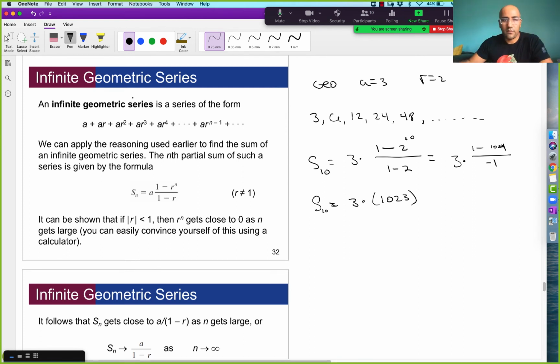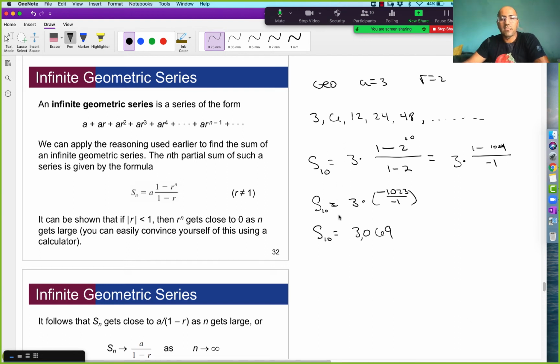Just to make sure, I'm getting a negative in the numerator and a negative in the denominator. Right? So this would be negative 1023 divided by negative 1, which gives me that s sub 10 is equal to 3 times that. So 3069. If I add the first 10 numbers in this list, I'm going to get 3069, right?